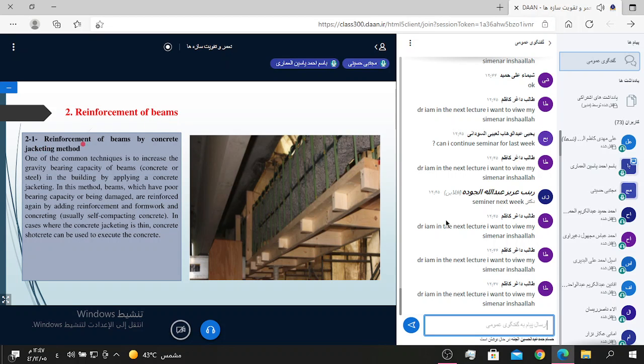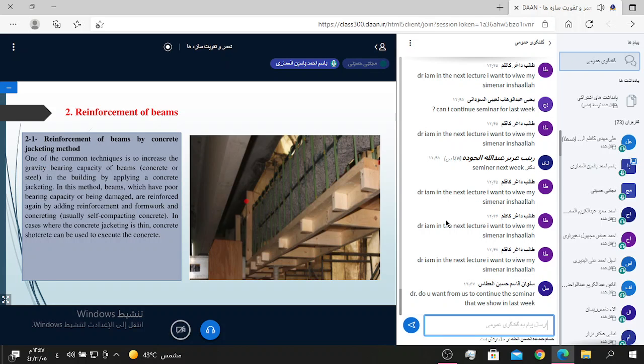Method one: reinforcement of a beam by the concrete jacketing method. In this picture, one of the common techniques to increase the gravity bearing capacity of beams, concrete or steel, in the building is by applying concrete jacketing.